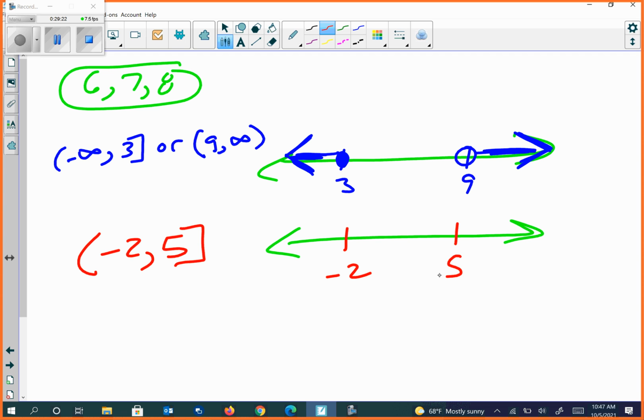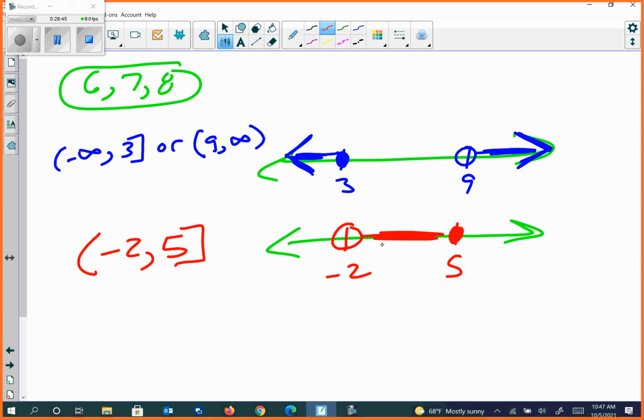Okay. And then a solid dot on the 5. Solid on the 5 and open on the -2. Very good. And then you just shade in between them. That's it. So 8 out of 20 of the problems is now done. Am I right?